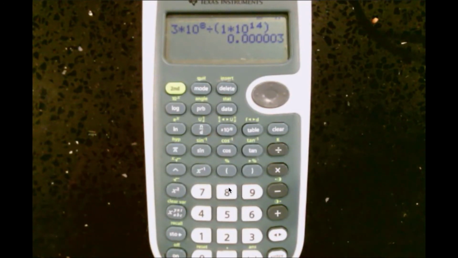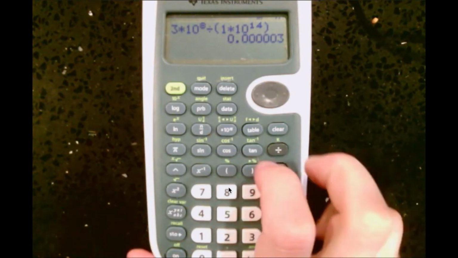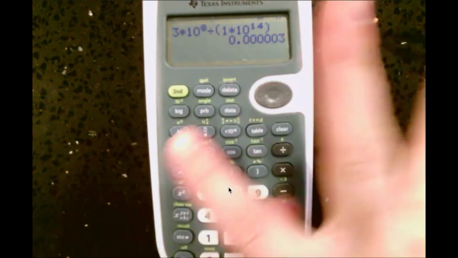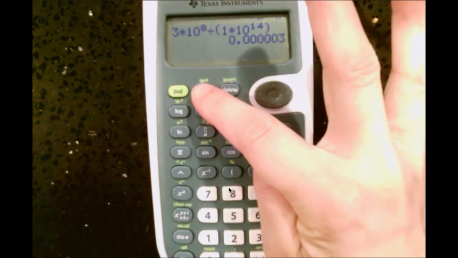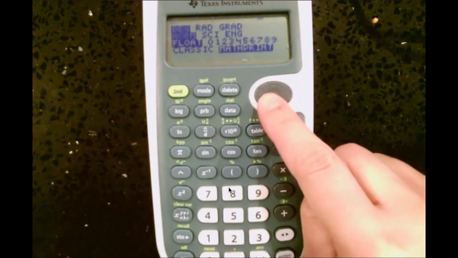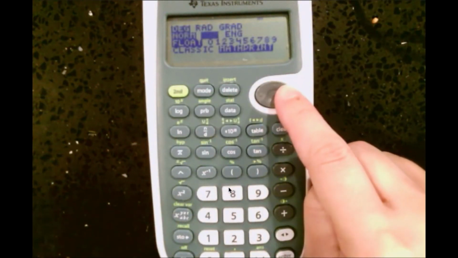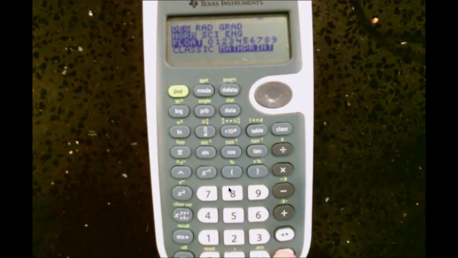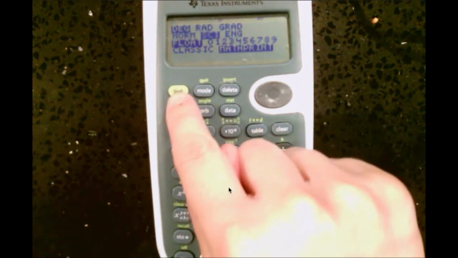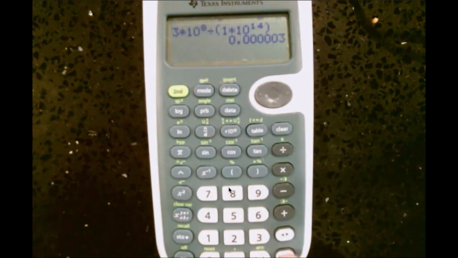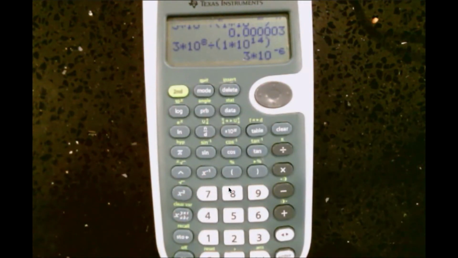Now, if you don't want your calculator to be writing in standard notation, you always want it to be in scientific notation. All calculators are different, but for this one, if you hit mode, notice how it says norm, sci, engineer. If you hit sci, and then second quit out of this, and hit enter, now it gives it to me in scientific notation.